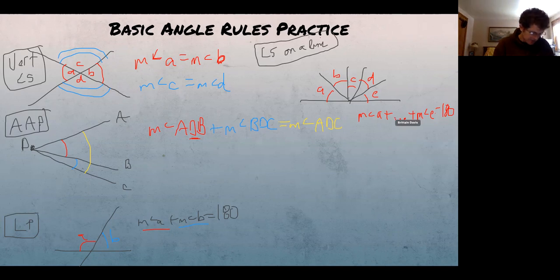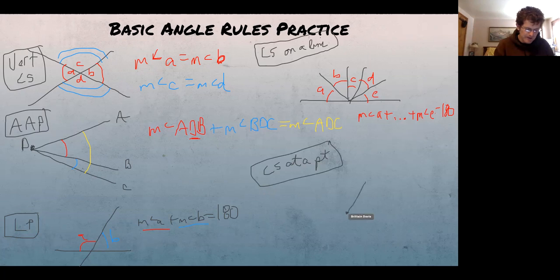Okay, and the very last one that we saw yesterday was angles at a point. And this is one that's a little bit different from the others. So imagine you just have a point right here. And then from there, it radiates a bunch of different angles. And none of these are supposed to be straight lines. All these are just rays coming off the side or segments. It's not two straight lines intersecting each other.